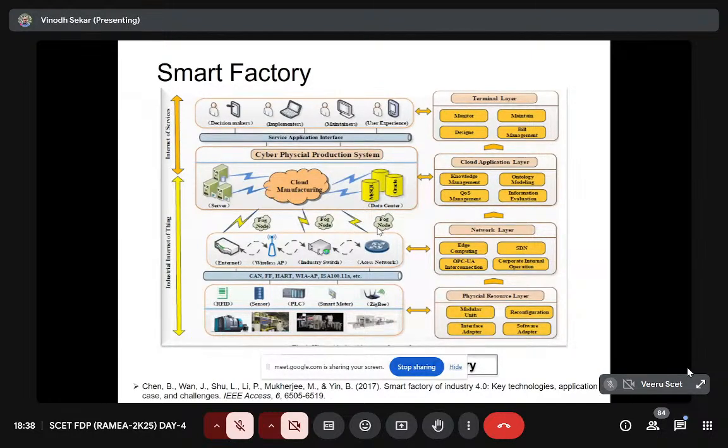That will help us understand the technologies, how they help us, and not just a single technology, but multiple technologies. They help us in taking ahead the vision of a smart factory.